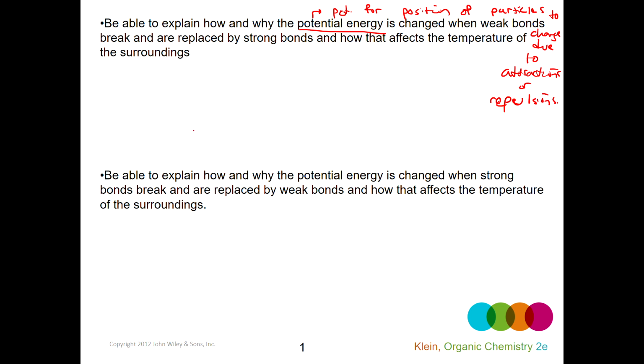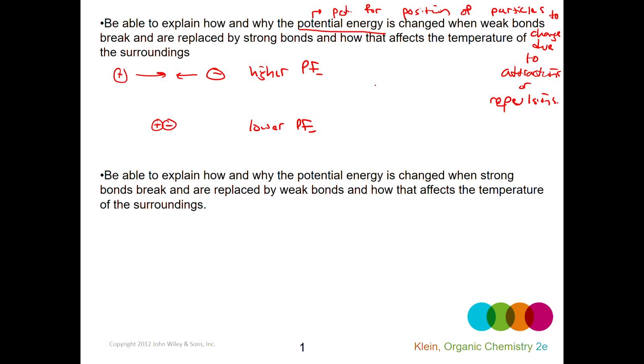Right, so if I have particles that attract in general far apart from one another versus close together, well, if they're already close together, what potential do they have to move their position? Not much. If they're far apart, there's a potential for their attractions to pull them together. So this would be a higher potential energy, and this would be a lower potential energy.